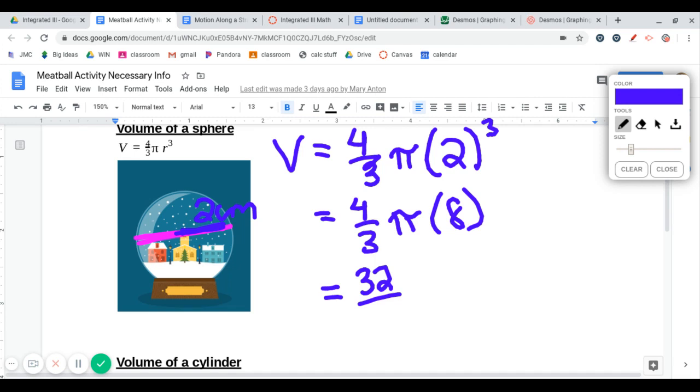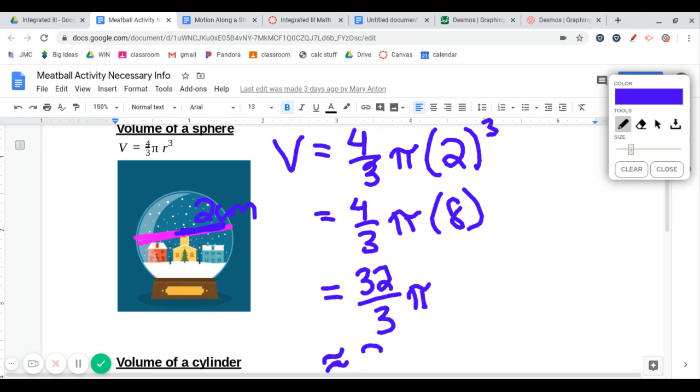Just multiply that 4 times that 8 times pi. And if you want to make this a decimal, 32 divided by 3 times pi is about, I'm going to use my approximation sign, I should say.